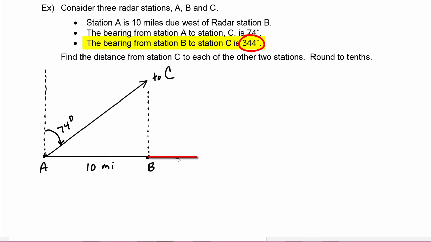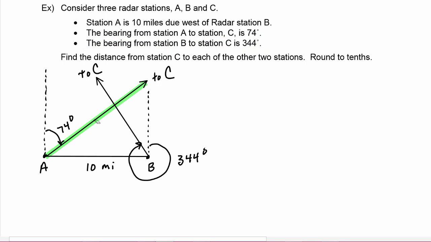Well, we know that 90, 180, 270, 360 would be all the way around, so we back off just a little bit, and we know that is 344 degrees, and we put in the ray that represents the bearing, and we know that that has to be pointing to station C.